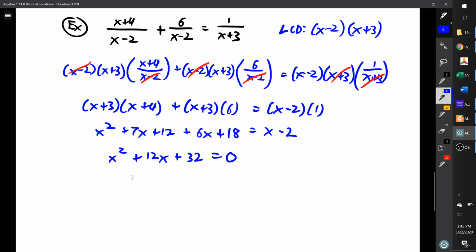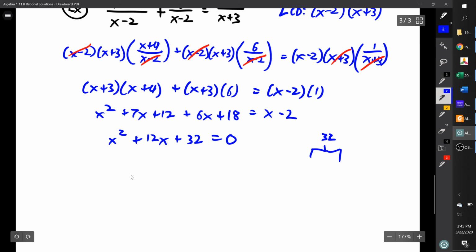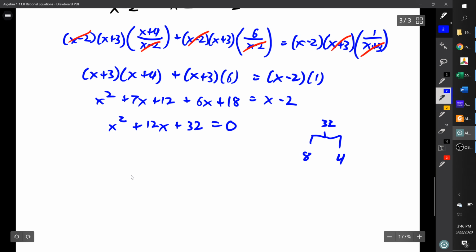So I have a 1x squared. So I can take my 32 and look for two numbers that multiply to be 32 and add to be 12. 32 is, let's see, 8 times 4, right? 8 times 4, that will work, because 8 times 4 is 32, and 8 plus 4 is 12.